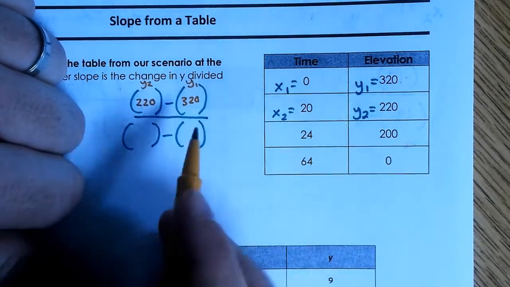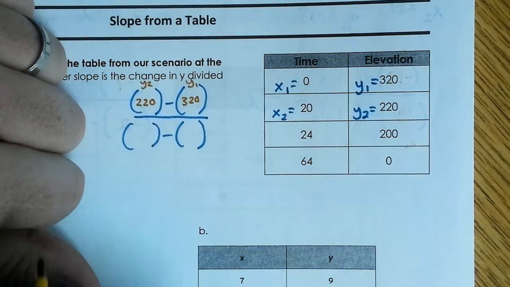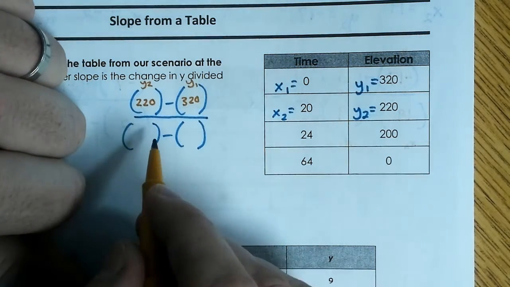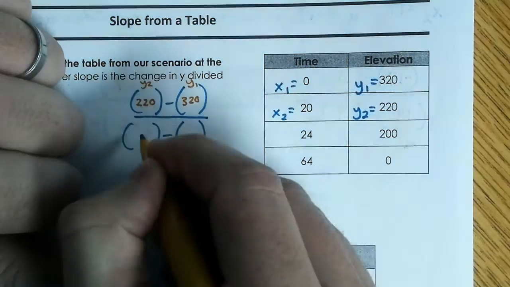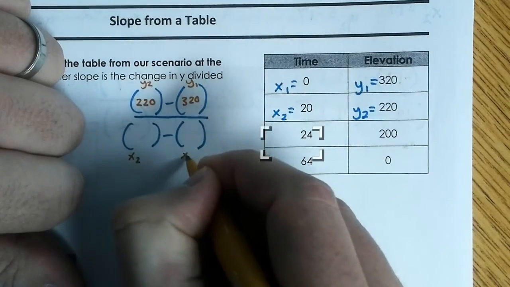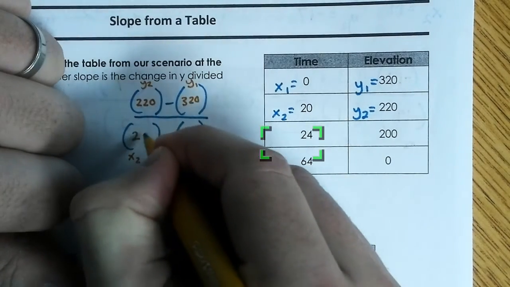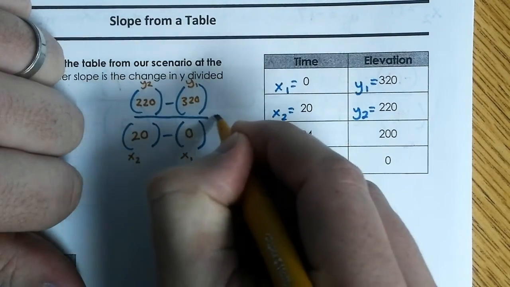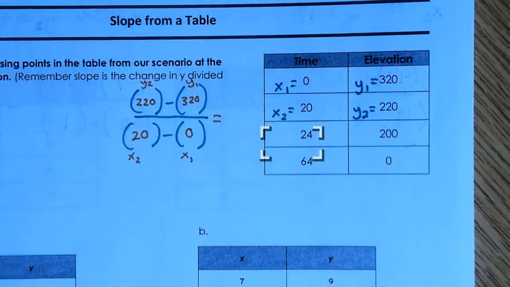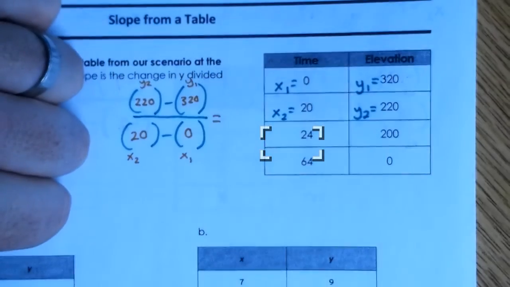So what goes on the bottom part? Yeah, our x2 minus our x1. So our x2 is 20 minus 0. And so now we just plug this into our calculator exactly the way it says.